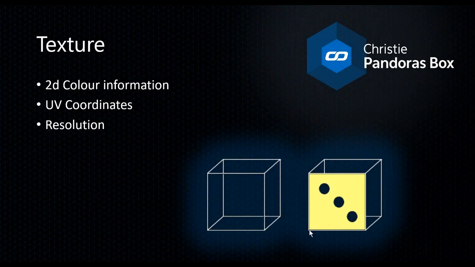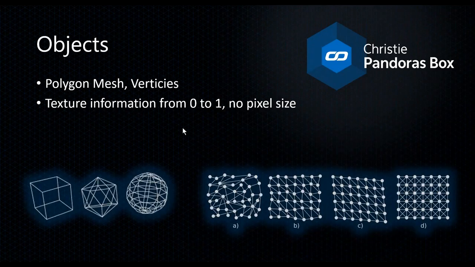So 0 to 1 in both coordinates means the full texture. So if I put there 0.5 to 0.5, I will only see that part, but mapped on the whole thing here. So that's how the texture information applies to the object.